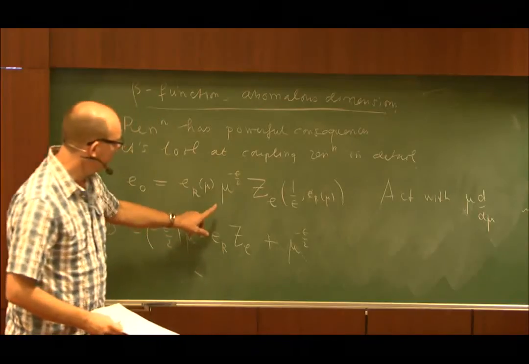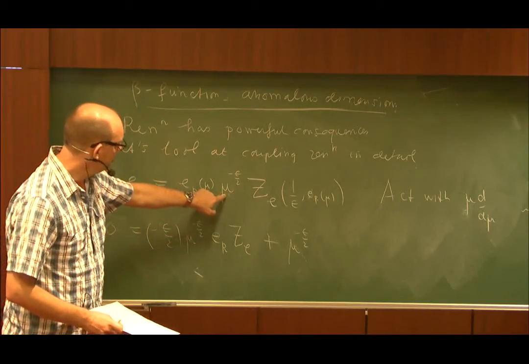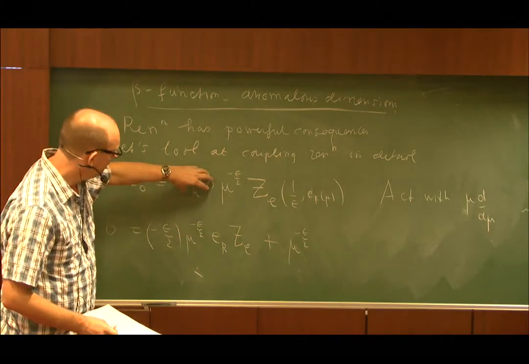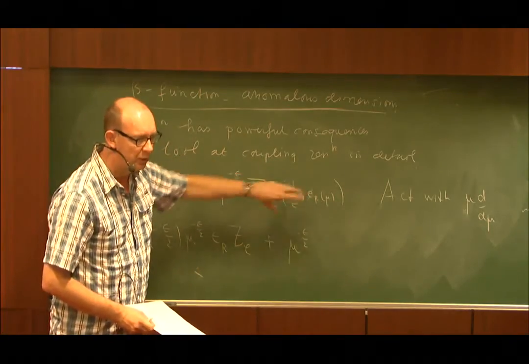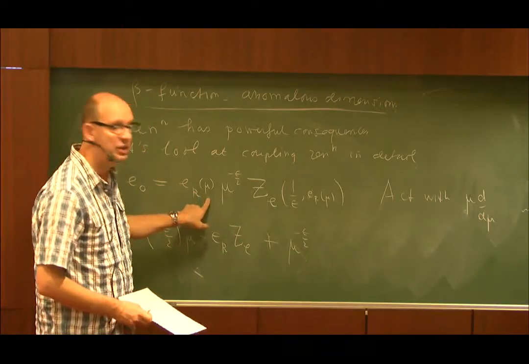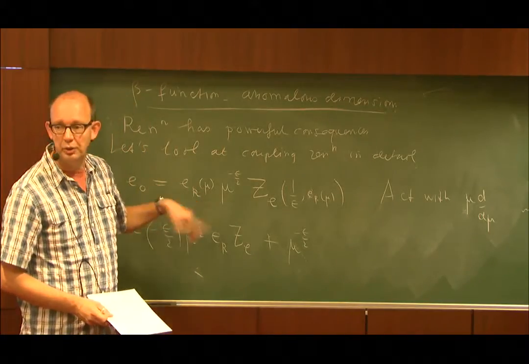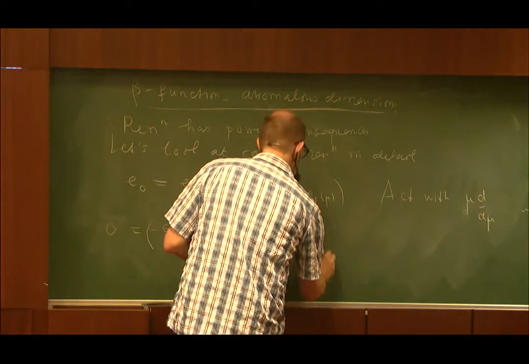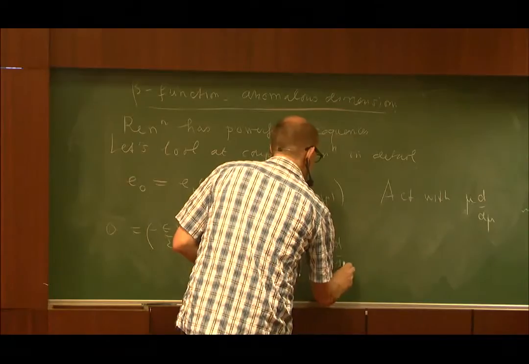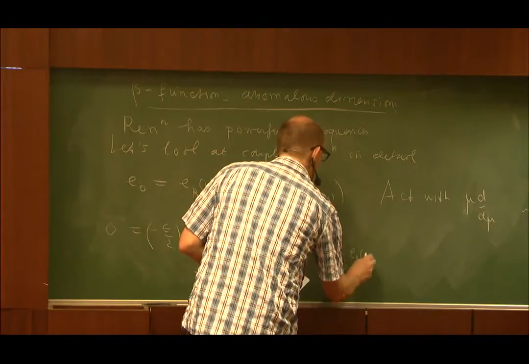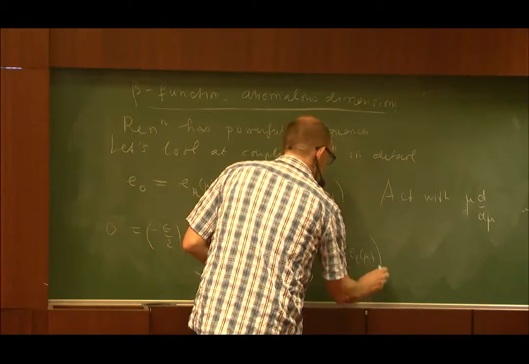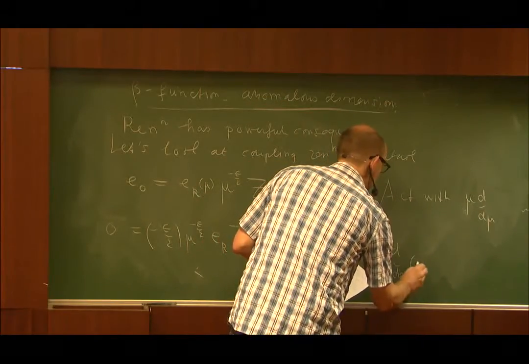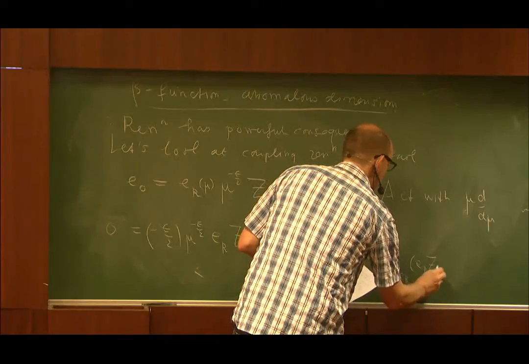And now I'm going to act with mu d d mu on the combination E times Z. Right? But the mu dependence in that combination only sits inside the ER. So if we use the chain rule, I can write this as mu d d mu of ER of mu, and then take the derivative with respect to ER of the combination ER ZE.